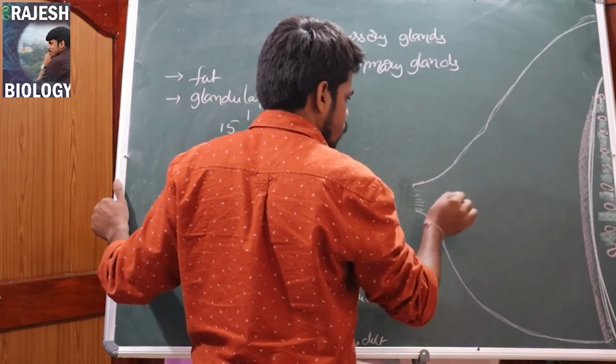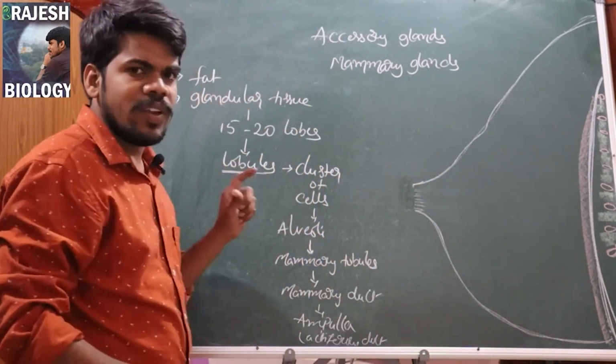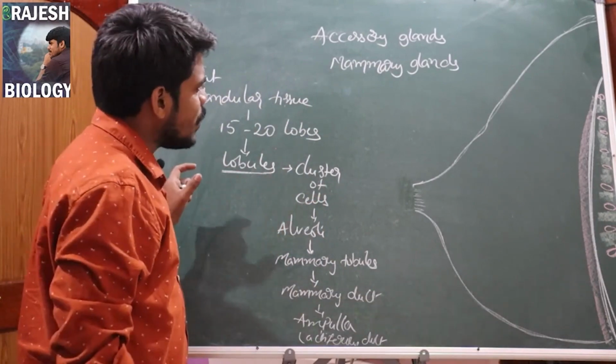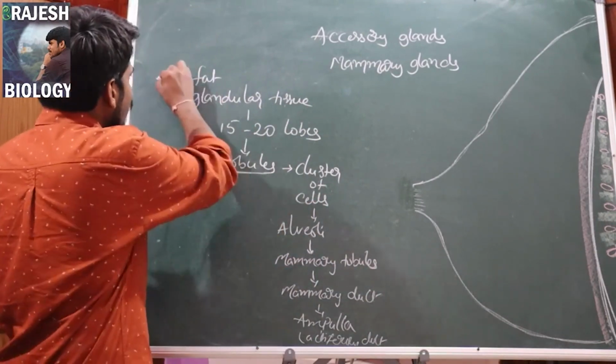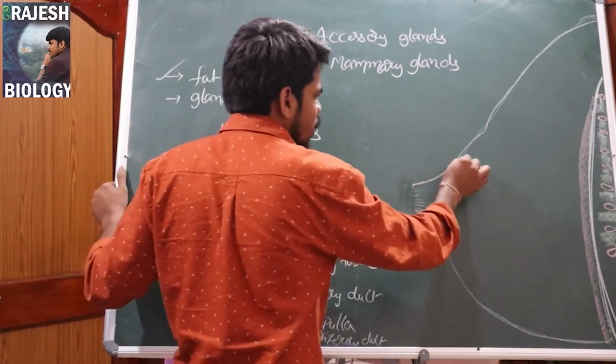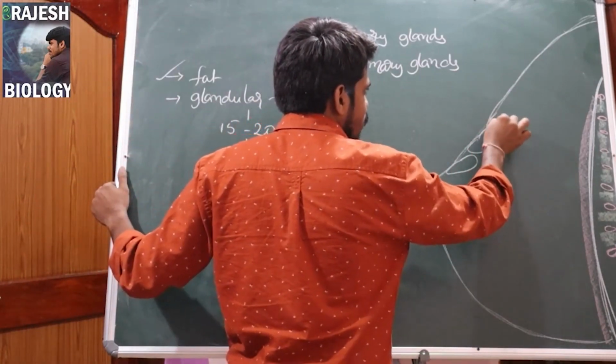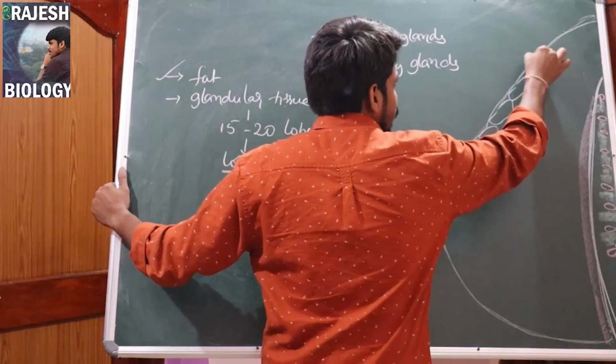So like this. The mammary gland is supported by the fat tissue. So first I'll draw the fat tissue like this.